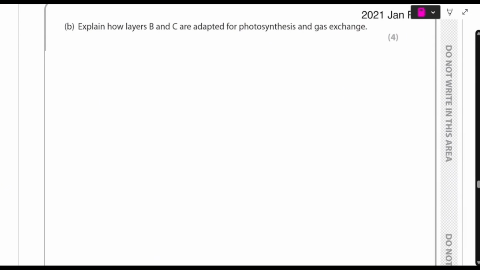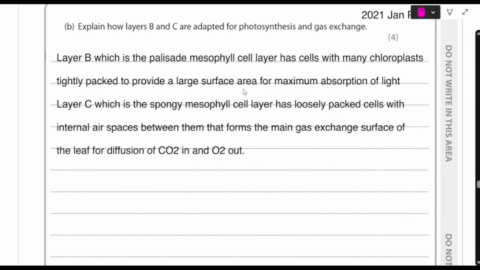Then we have the spongy mesophyll layer which has gaps in between the cells, and they also have chlorophyll. So they do carry out some photosynthesis, but they also carry out gas exchange because they have the gaps within them, so diffusion can happen. So this is the answer.